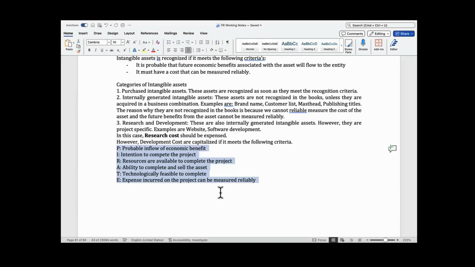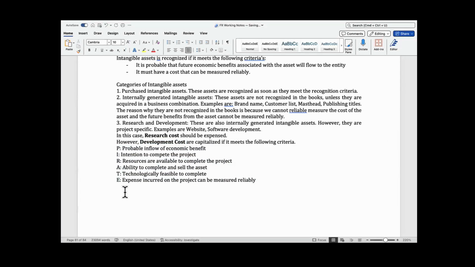As soon as all are met, then you can go ahead and recognize the development costs as an intangible asset.